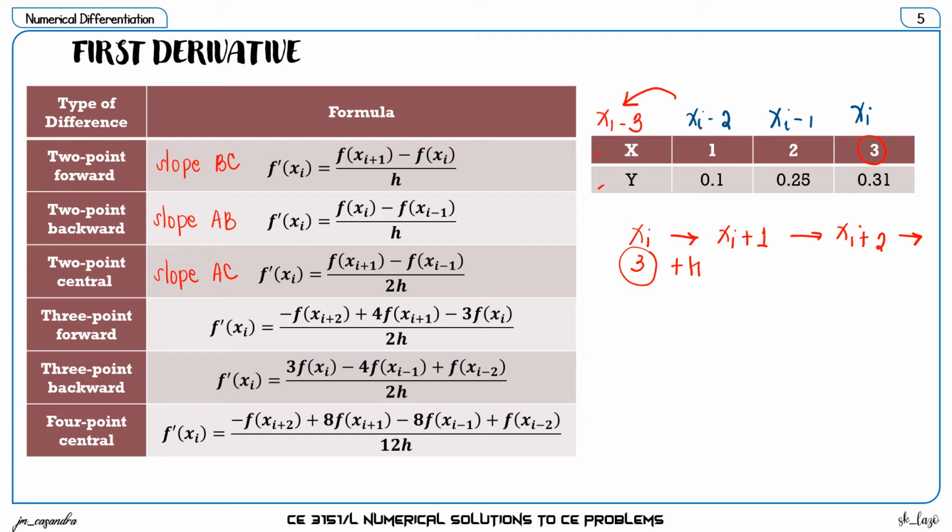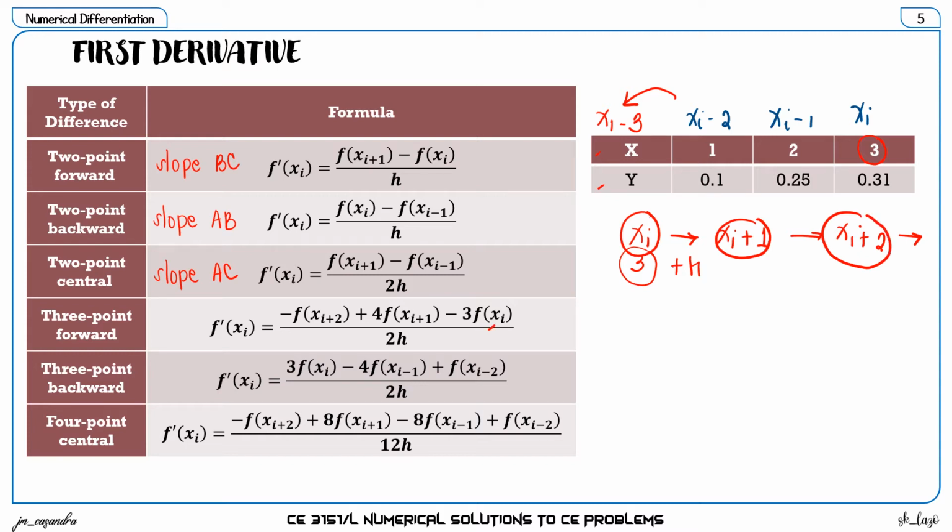So with this now, a 3-point forward differentiation will simply mean that we will be using the values of 3 points. If it is forward, I will be using xi, xi plus 1, and xi plus 2.